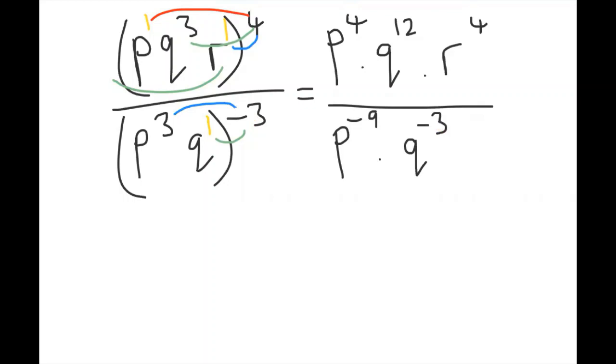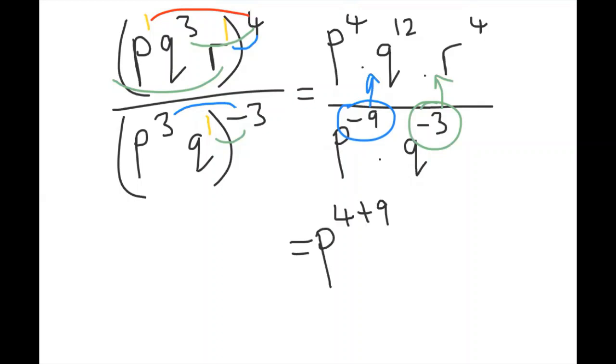Let's continue. So now you have P's and Q's. So I'm just going to try to group it together. So let's take the P to the minus 9, let's take it to the top. And then I'm going to take this minus 3 also to the top. And then let's see what we get. So here we're going to have P to the 4 plus 9.